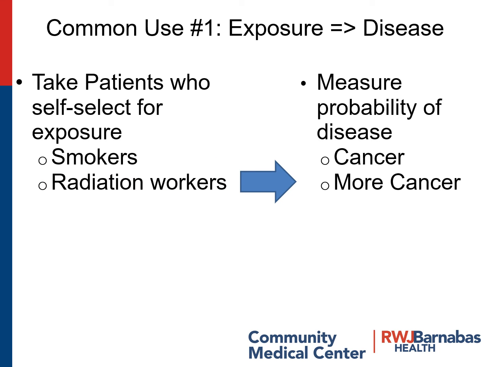And then you measure the probability of disease and see who has more cancer. And yes, cancer takes a long time to find, but you'll know the Framingham cardiovascular study, that is a cohort analysis that has been ongoing for I think like 70 years now. And it's a prospective cohort study.